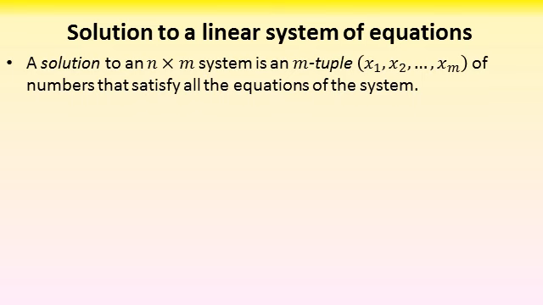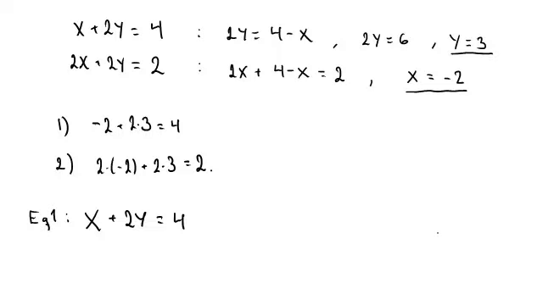A tuple is simply an ordered list of elements, and an m-tuple is just an ordered list of precisely m elements. In this case, we need the elements to be numbers, and these numbers must satisfy all the equations of the system. For example, in this simple example, we would write the solution as -2, 3.